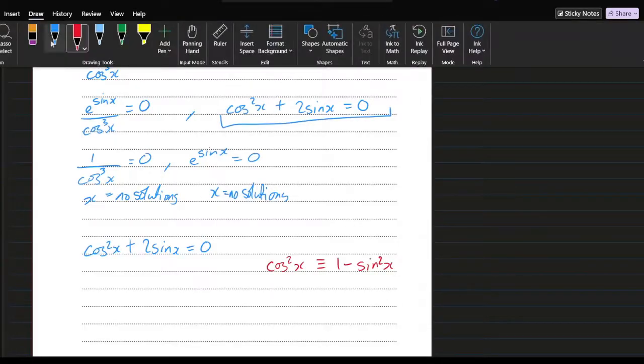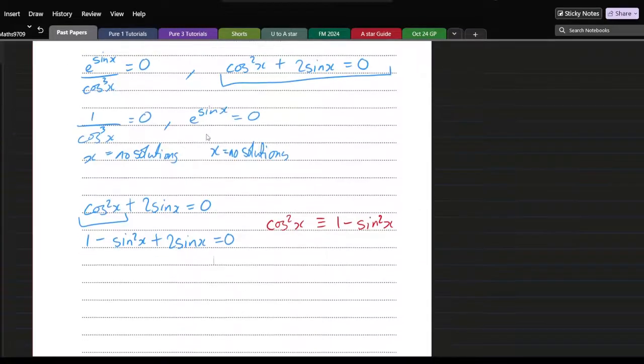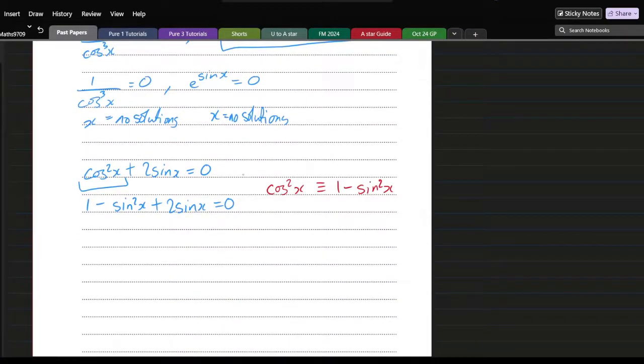So we're replacing this part here with 1 minus sine squared x plus 2 sine x is equal to 0. Let's multiply through by negative 1 to make our coefficient of sine squared x positive. So sine squared x minus 2 sine x minus 1 is equal to 0.